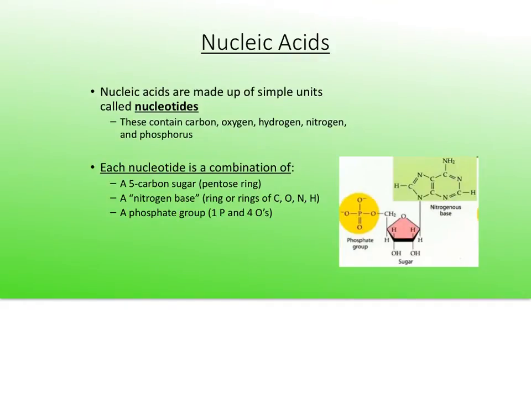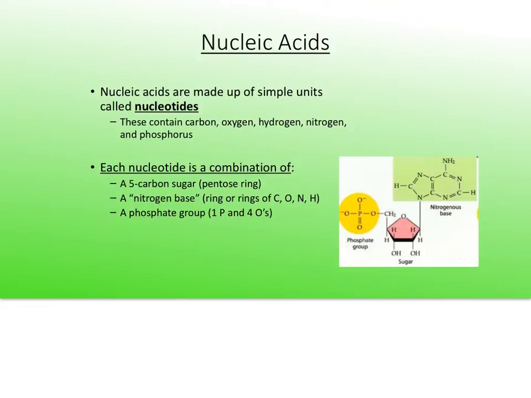Now, nucleic acid is made up of simple units called nucleotides. And a nucleotide, just like these other organic compounds we've learned, is made up of carbon, hydrogen, and oxygen, but also every nucleotide involves some nitrogen and involves some phosphorus. Now, every nucleotide has a 3-part structure.